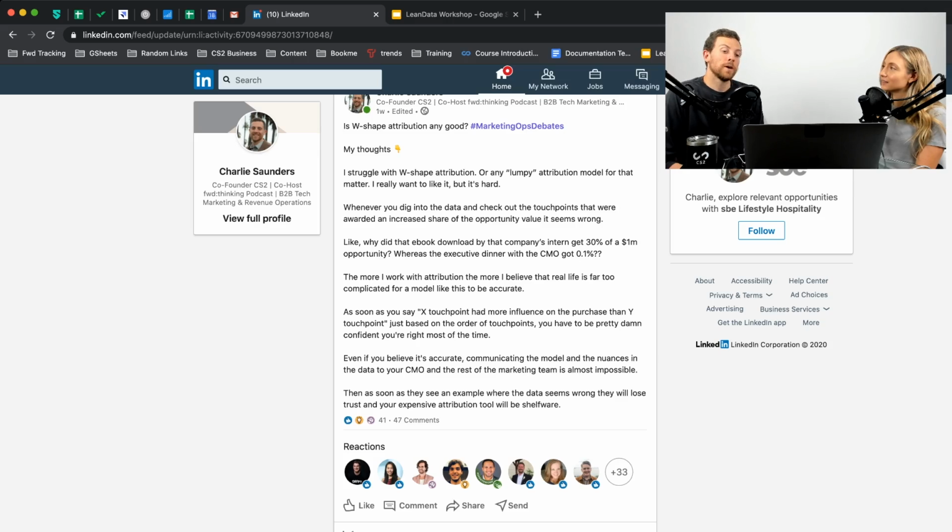Yeah, and in my example, you can see here, why did that ebook download by that company's intern get 30% of a $1 million opp, whereas the executive dinner with the CMO got like 0.1%? It's not weighting based on what happened. It's just weighting based on this arbitrary order of touch points based on the date time.